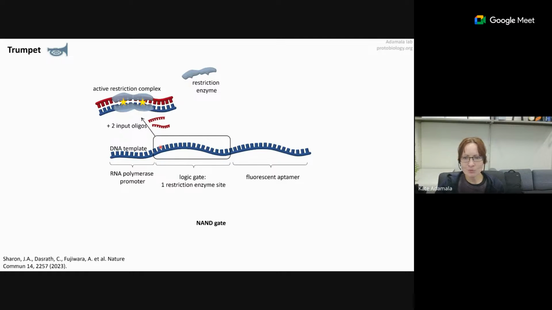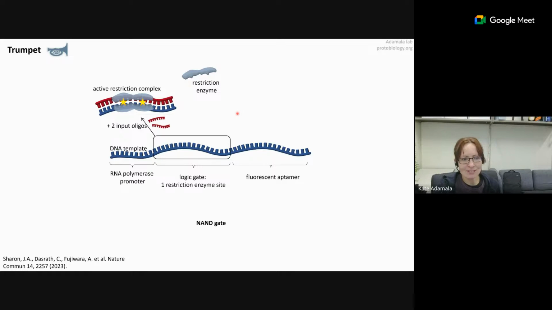And what happens when it becomes double-stranded DNA is that the restriction enzyme now becomes active, because the restriction enzymes that we're using are very particular about what they cut. They will only cut a double-stranded DNA. So they're sequence specific. They only cut a specific sequence, but they will only cut that sequence if it is double-stranded.